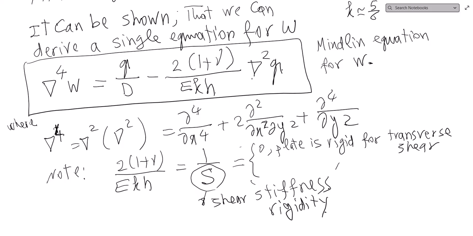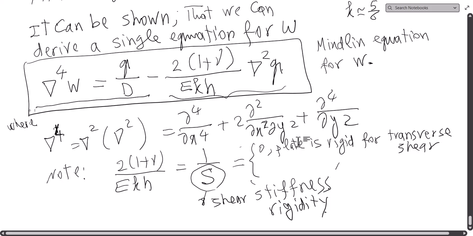And so this last term will be 0 because this coefficient is 0. And then you recover the Kirchhoff law of plate theory beautifully. And this is exactly the difference between these two plates. So we assume rigid shear deformation.